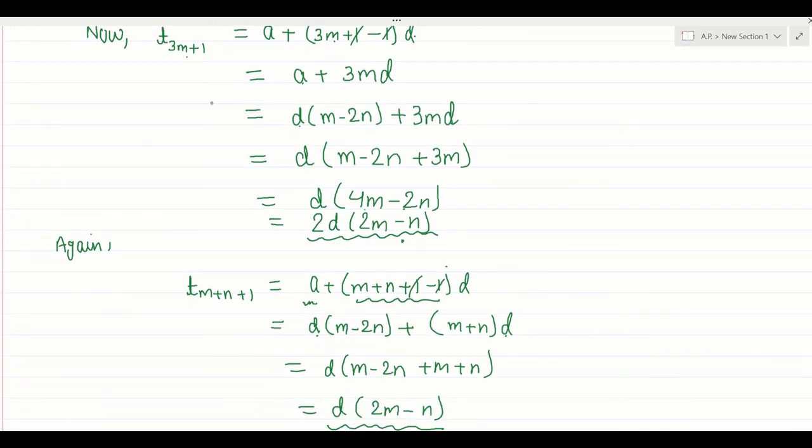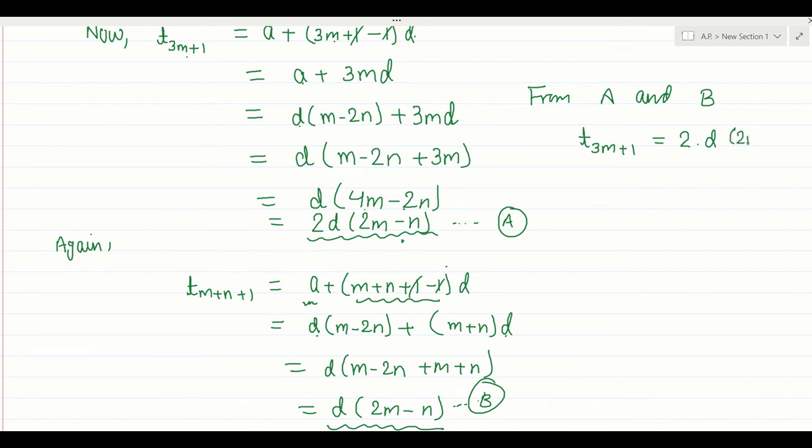So let's say this is equation A and this is equation B. So from A and B, from A, T 3m plus 1 is equal to 2 into D in bracket 2m minus n.